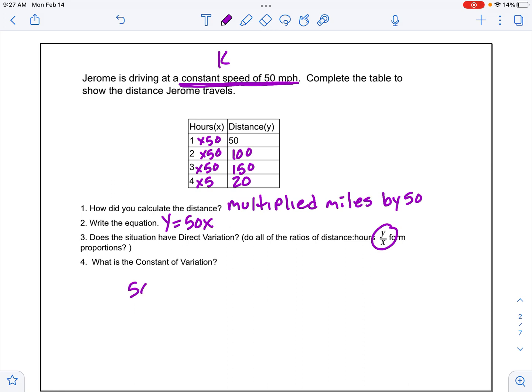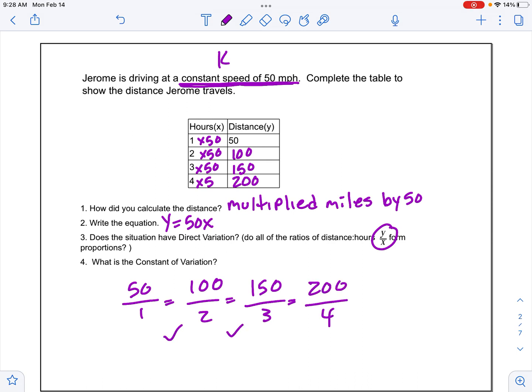So I have 50 over 1, and then I have 100 over 2, and then I have 150 over 3, and I have 200 over 4. Well, those are all equal to each other. So it does have proportionality. So the constant of variation, or that k value, is my 50.